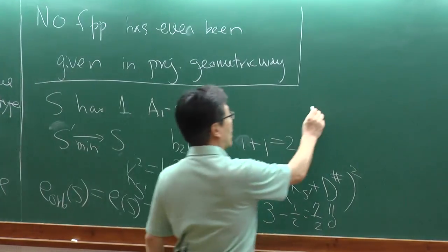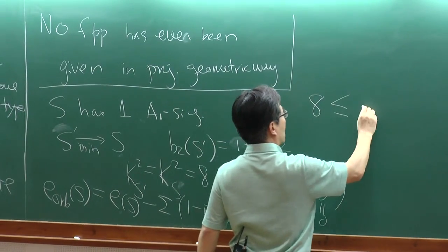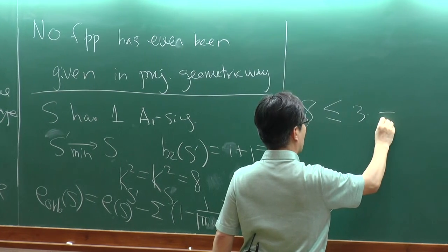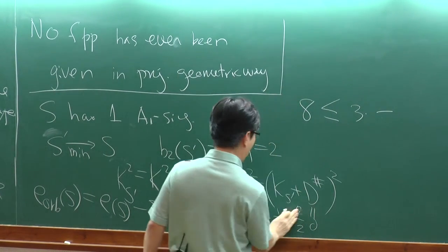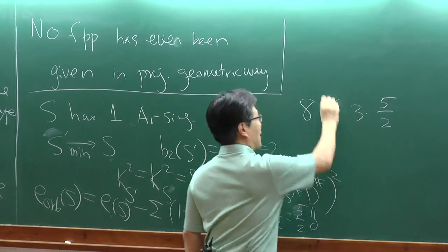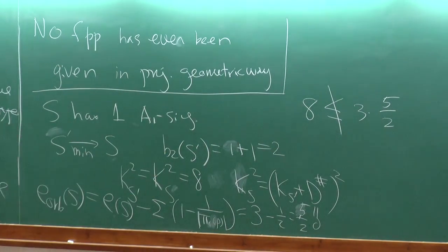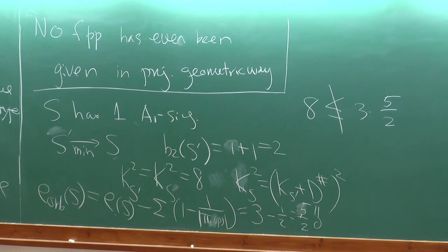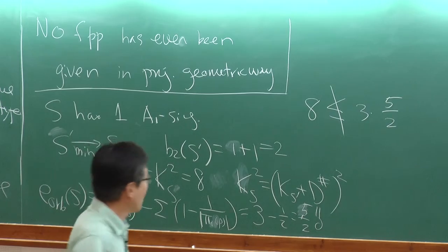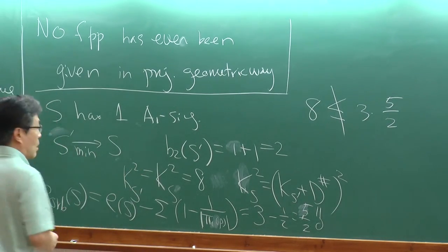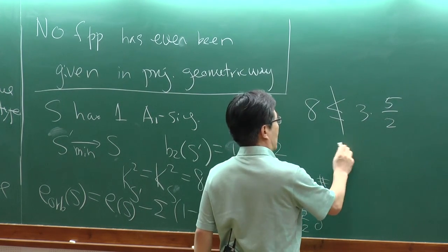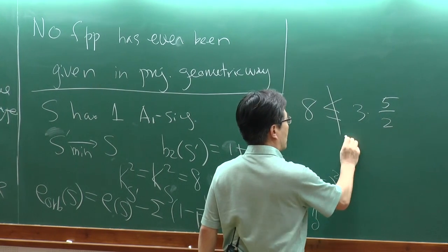So, but 8 is not smaller than. Oh, this is 5. Sorry. So you can easily see this is another application of this Bogomolov-Miyaoka-Yau inequality. So this says K_S cannot be nef.